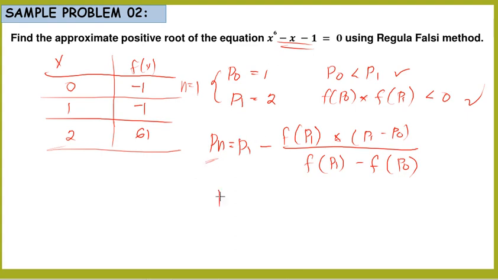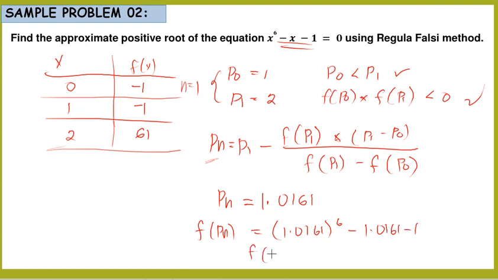So, solving our Pn for the first iteration, ang magiging value natin dito is equal to 1.0161. Okay? And then the function of our Pn, that is equal to 1.0161 raised to 6 minus 1.0161 minus 1.